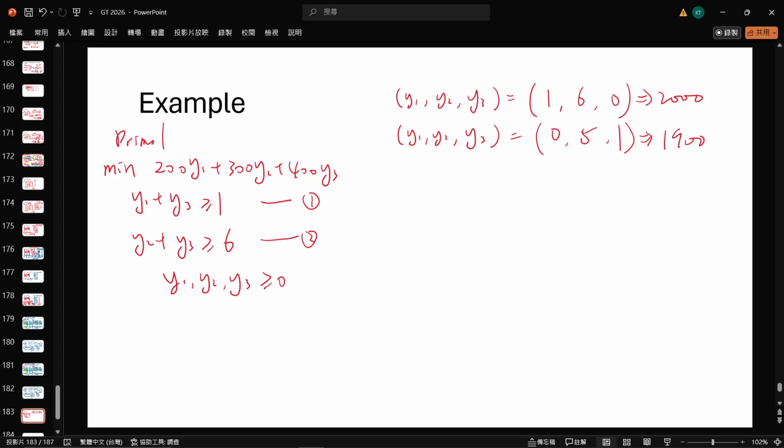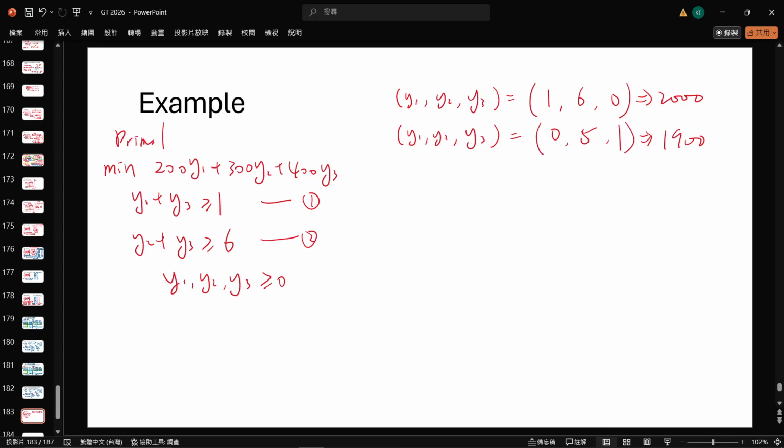So this gives 1900. We get a better solution because this is a minimization problem. At this point, you can try other possible solutions, but you're never going to find a better solution. So we want to have a proof. Once again, the idea is to apply this weighted combination.